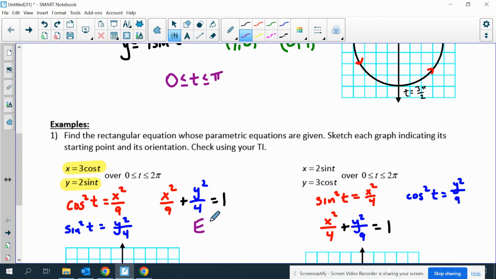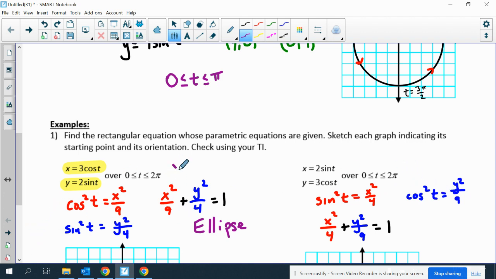That ends up being an ellipse. And likewise, I have a similar one over here where I solved for sine squared and cosine squared, and I end up getting x squared over 4 and y squared over 9. So both of these are ellipses.